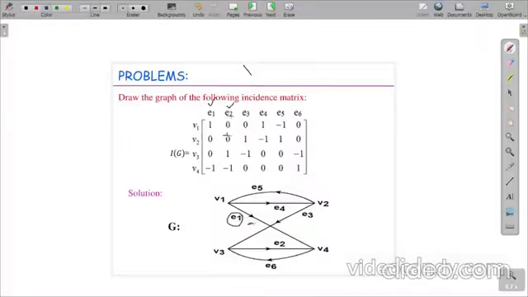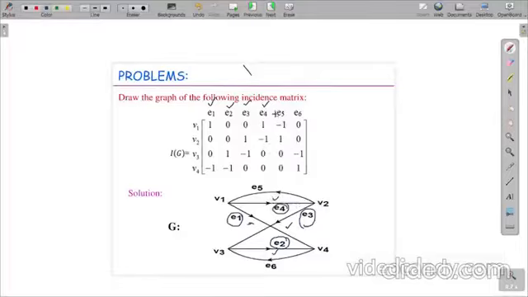Edge E2 connects V3 and V4, direction towards V4. That is done. Edge E3 connects V2 and V3, direction towards V3. Edge E4 connects V1 and V2, direction towards V2.